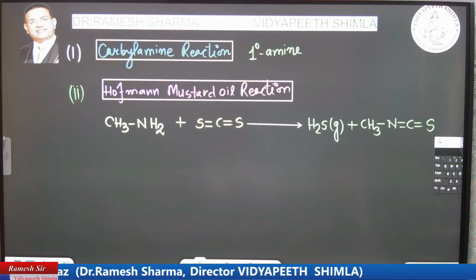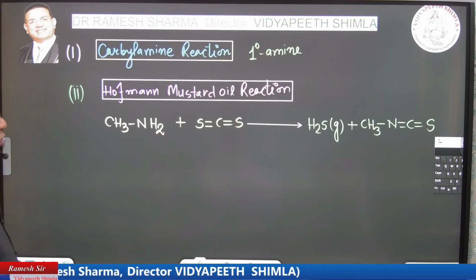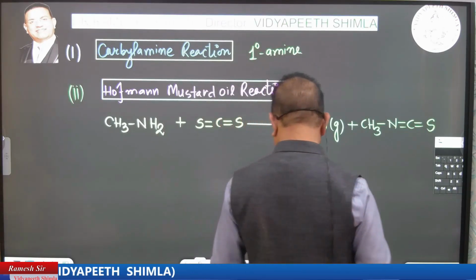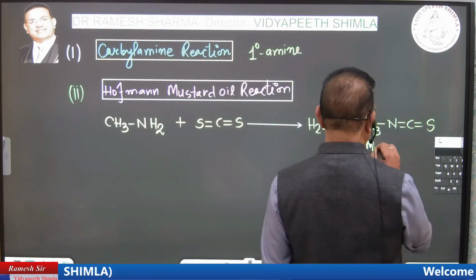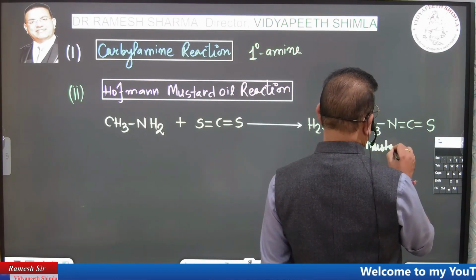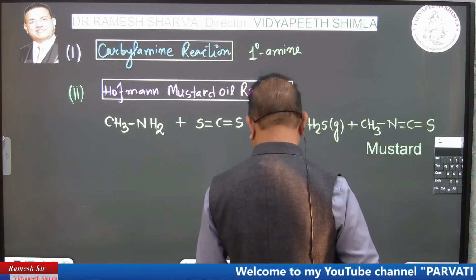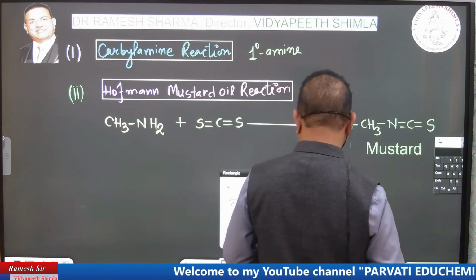That is methyl isothiocyanate, which has a smell like mustard oil, and hence this reaction is called the mustard oil reaction.